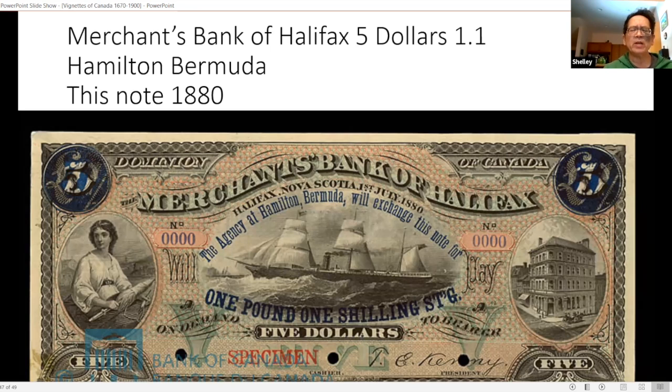This banknote has $5, but also £1, 1 shilling, and it is redeemable in Hamilton, Bermuda. Of course, the trade going on in Bermuda was for spice, but also rum. So again, an interesting setup.